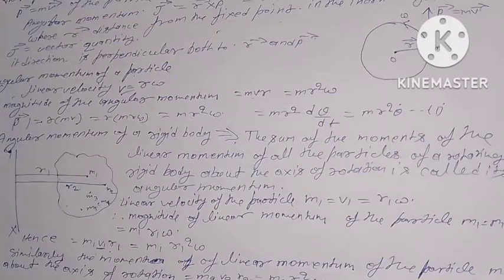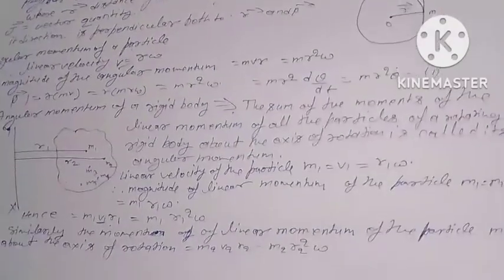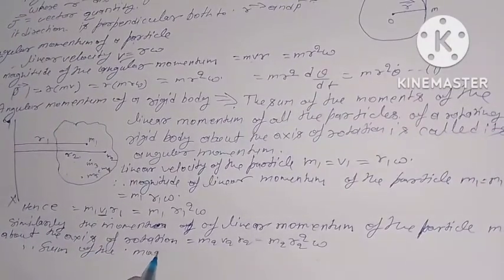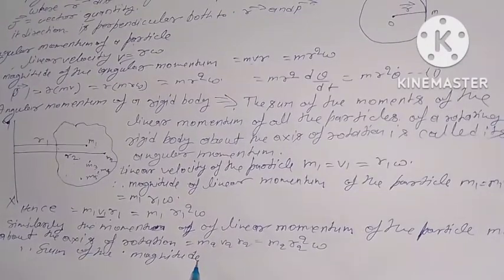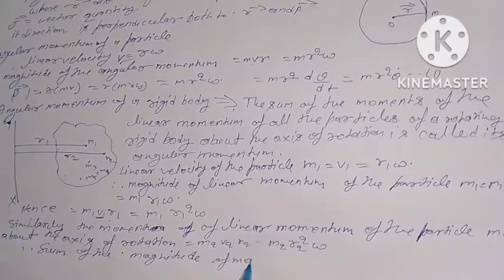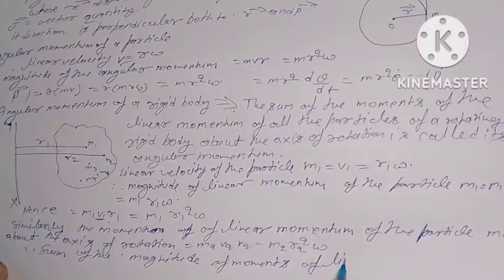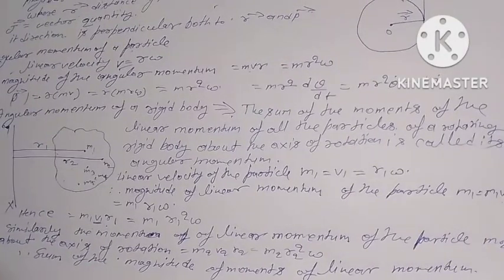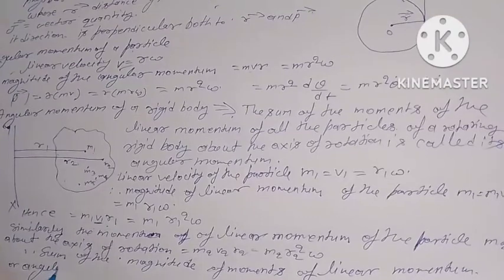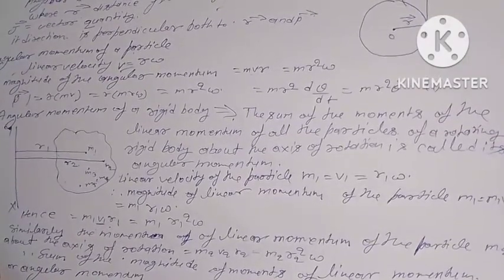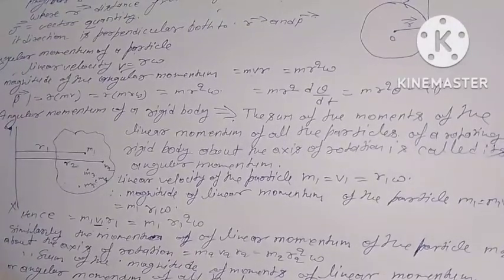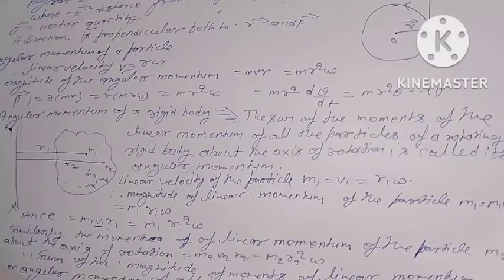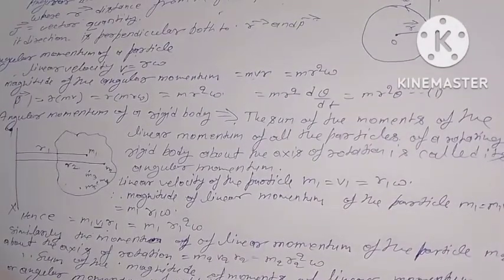Sum of the magnitudes of moments of linear momentum, or angular momentum, of all the particles equals m1 r1 square omega plus m2 r2 square omega plus so on.